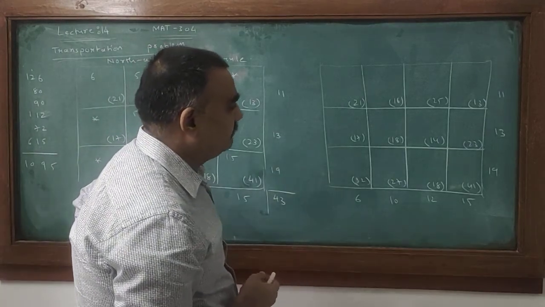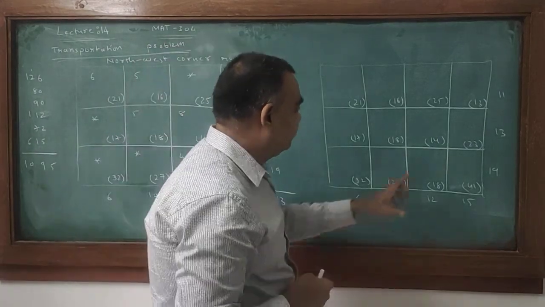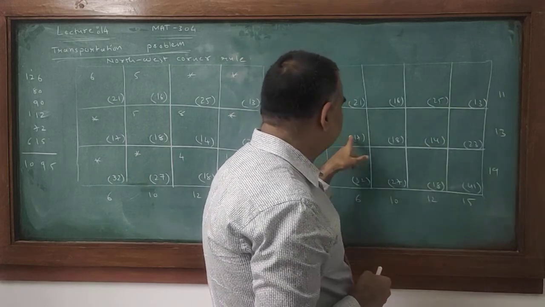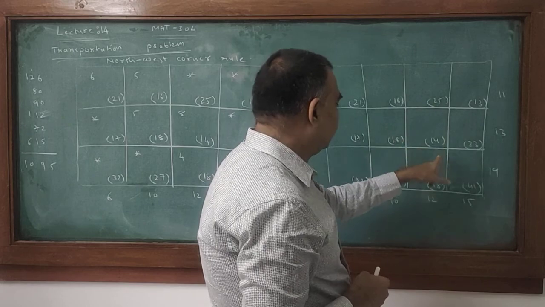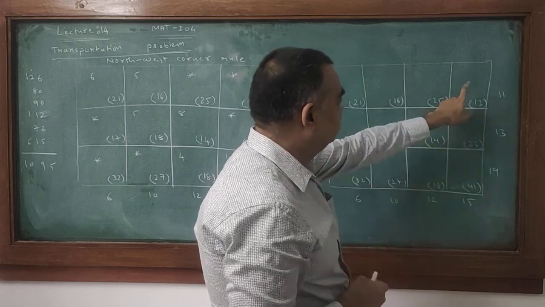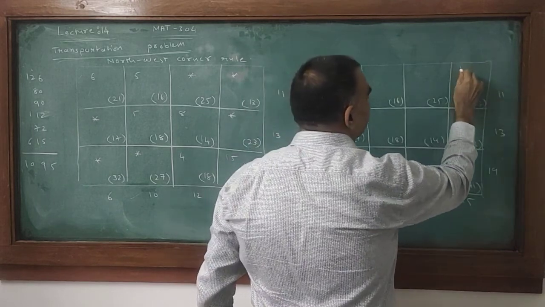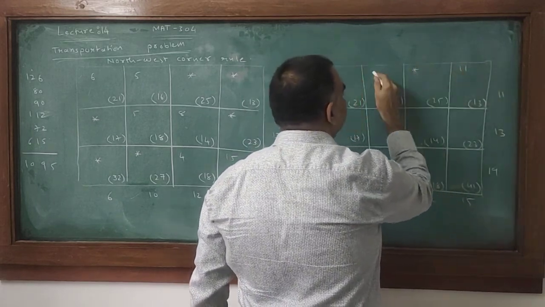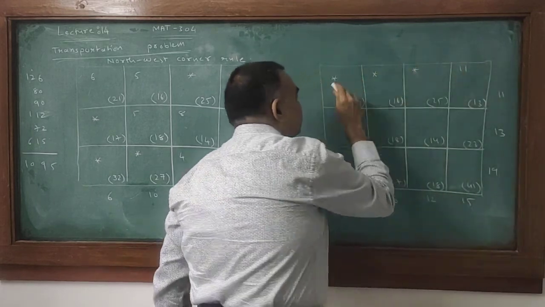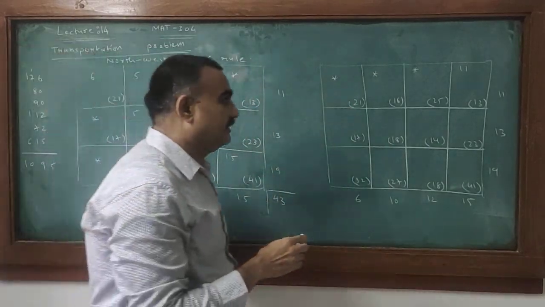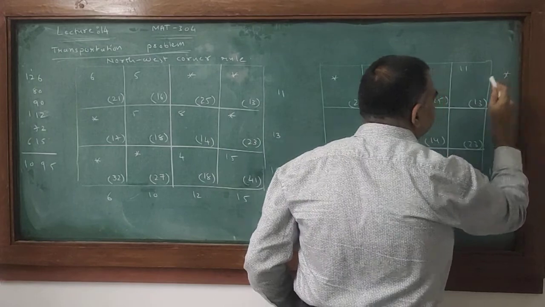Now we start with the minimum entry. The minimum one is 13. Is anything less than 13? I think no. 13 is the minimum, so the maximum possible flow is 11, and we exclude the other entries, and therefore this is done.